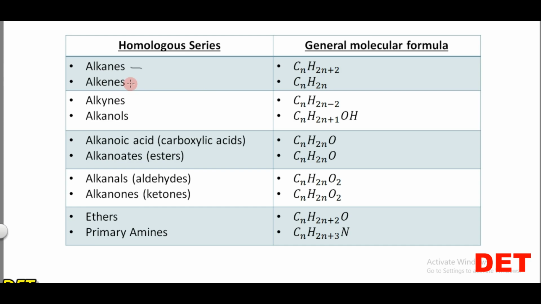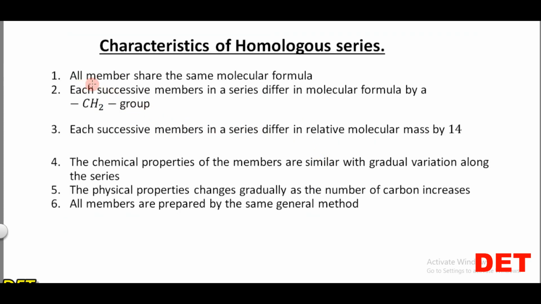All the members in the alkene series share the same molecular formula, which is CnH2n. All the members in the alkyne series share the same molecular formula, which is CnH2n-2, and so on with the rest. So all members of a homologous series share the same molecular formula.